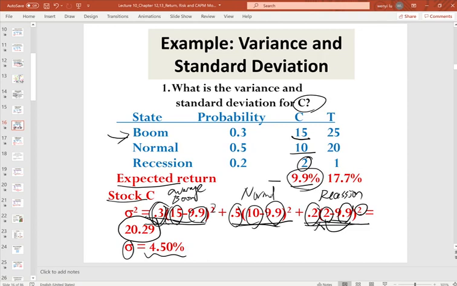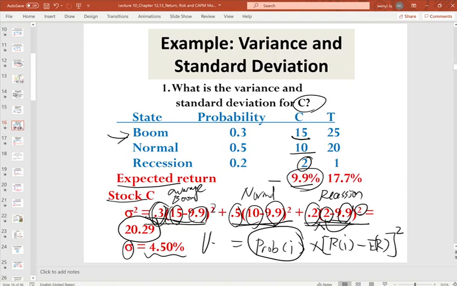So let me write the formula down again. Probability for the state times the return on that state minus expected return. Be careful, this one takes a difference first. The difference squared, times probability on that state. The total will be the variance. The variance, take a square root, will be the sigma, the standard deviation.